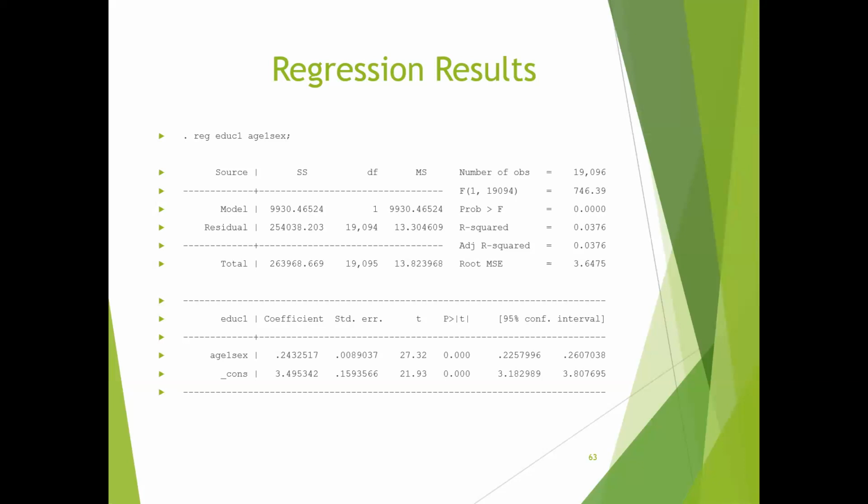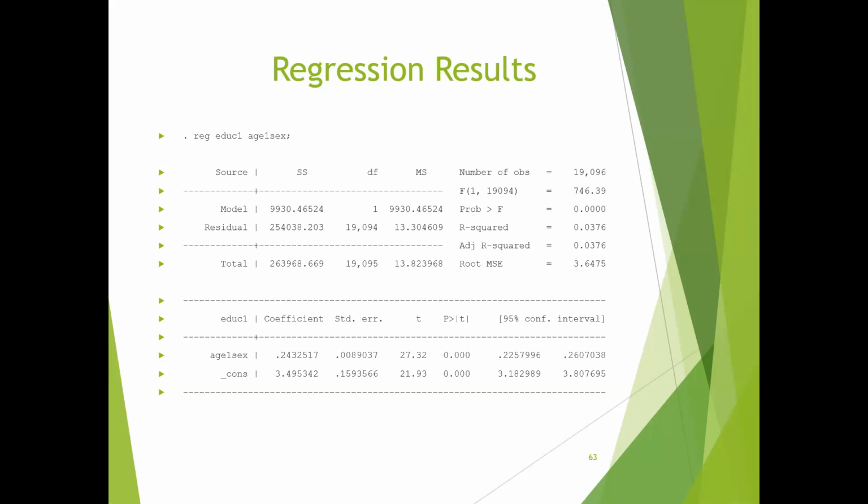Here's what it means. Write this down. For every 1 year increase in age at first sex, future educational attainment increases by 1/4 of a year.